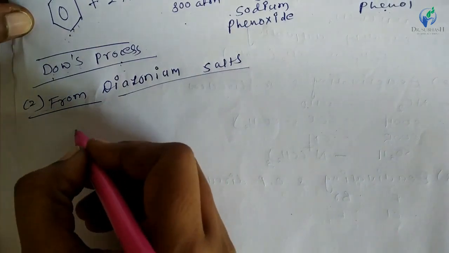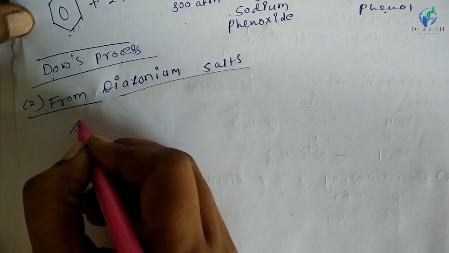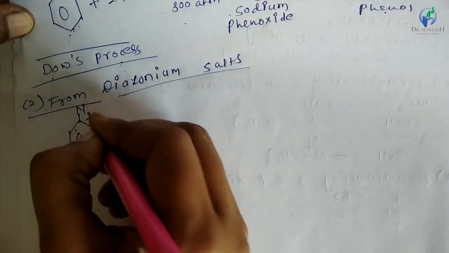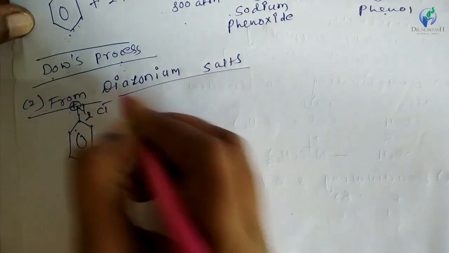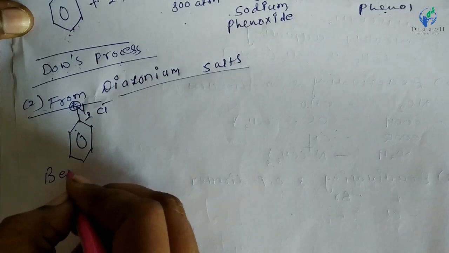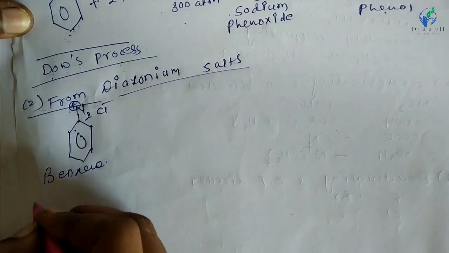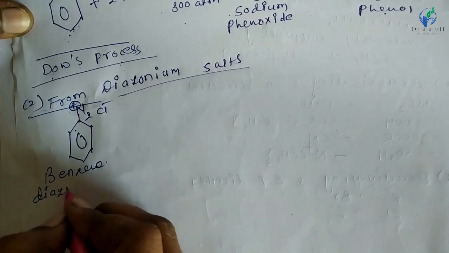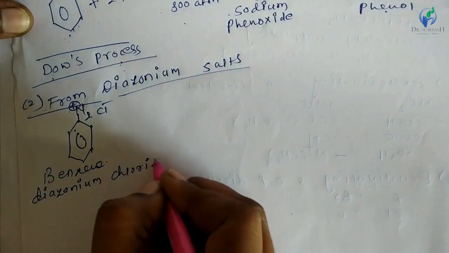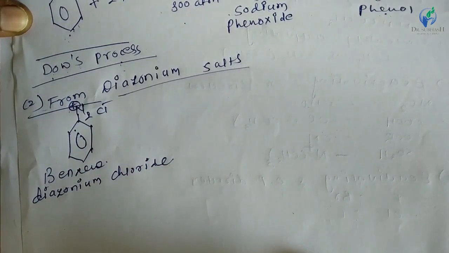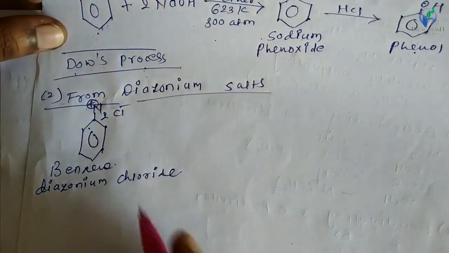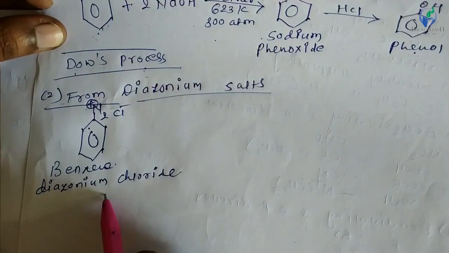See here, the example of diazonium salt taken is benzene diazonium chloride. Right? This one is benzene diazonium chloride. It is an example of a diazonium salt.